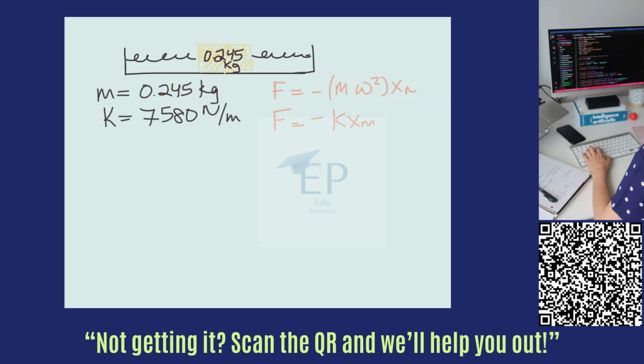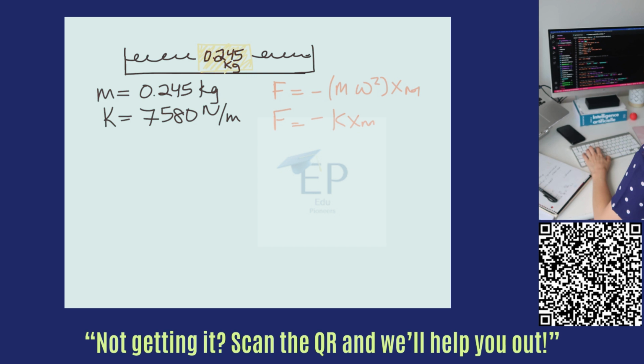So again, giving us two equations both related to force. And because they're both related to force, we can actually make them equal to each other since we're talking about one particular system. So I can have my equation related to my spring constant equal to the equation related to the mass times my omega.